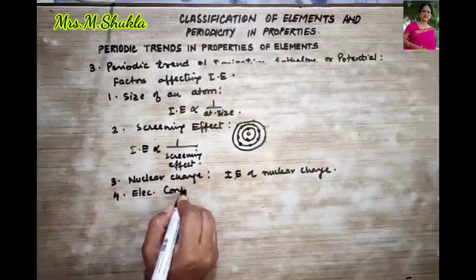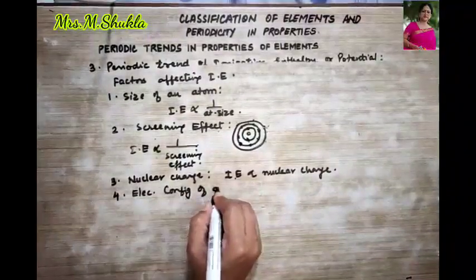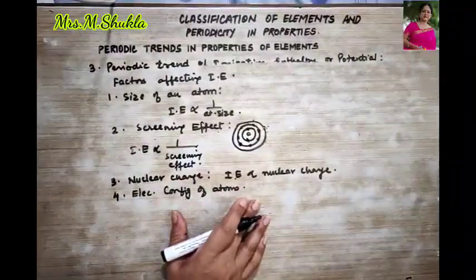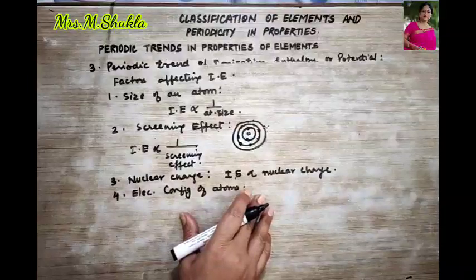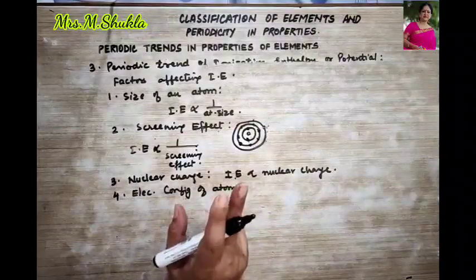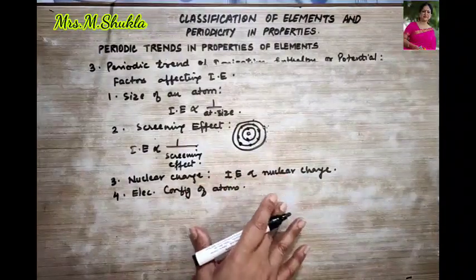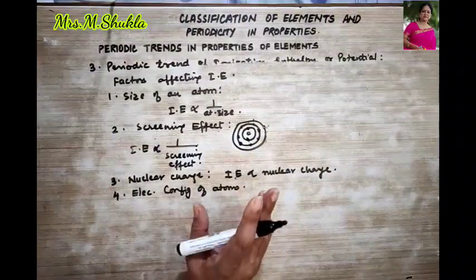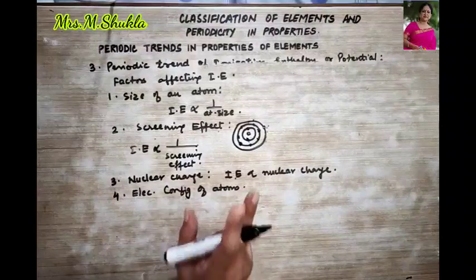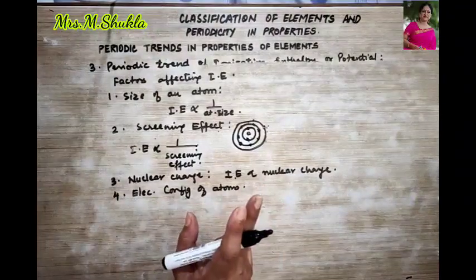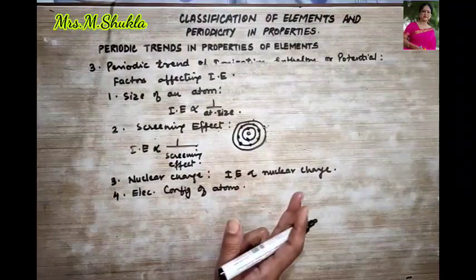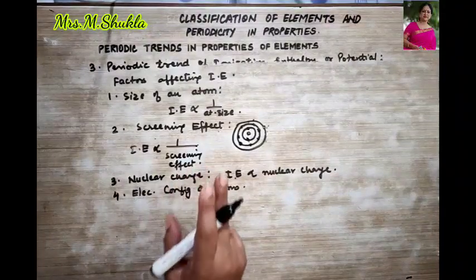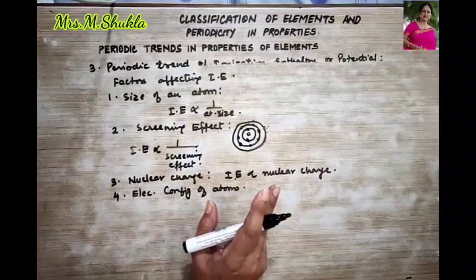Electronic configuration of atoms. Now here, atoms or ions that have stable electronic configuration have unexpectedly high ionization enthalpy, right? For example, the first ionization enthalpy of a nitrogen atom will always be higher than that of the oxygen atom. Why? Because in nitrogen atom, the p orbitals are half filled.